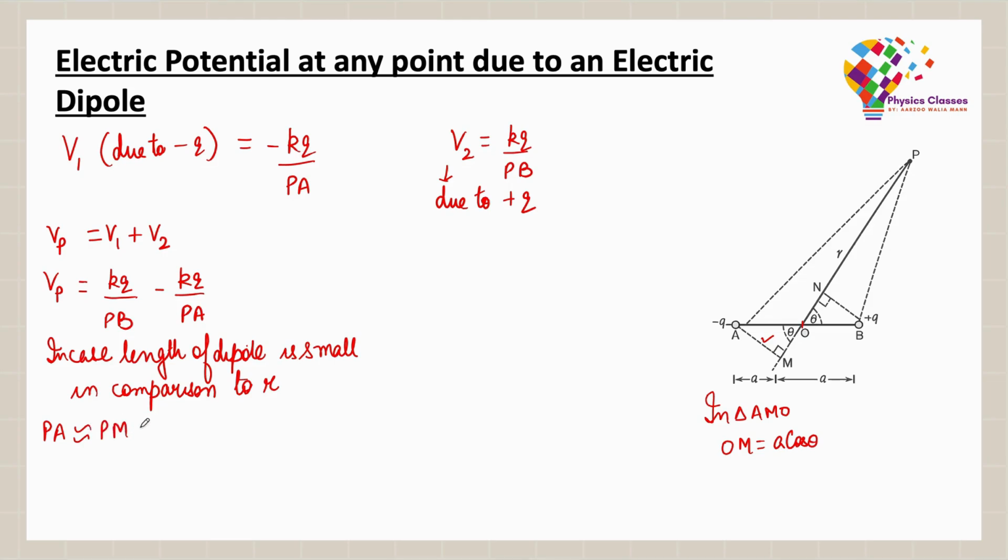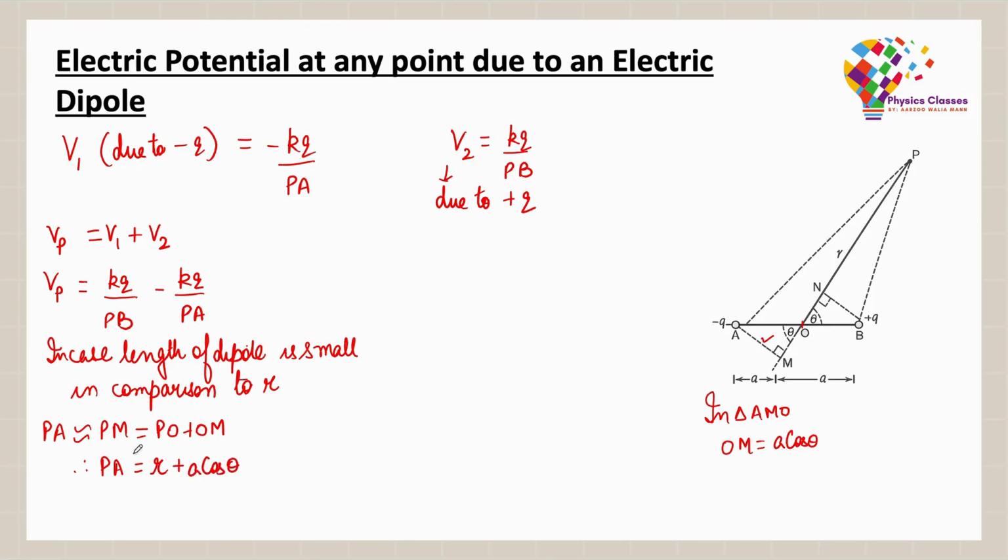And further, PM can be written as PO plus OM. So I can say that PA is equal to PM, and PO plus OM would be equal to, PO from here you can see is r and OM as I wrote in here is a cos theta. So the value for PA would be r plus a cos theta.